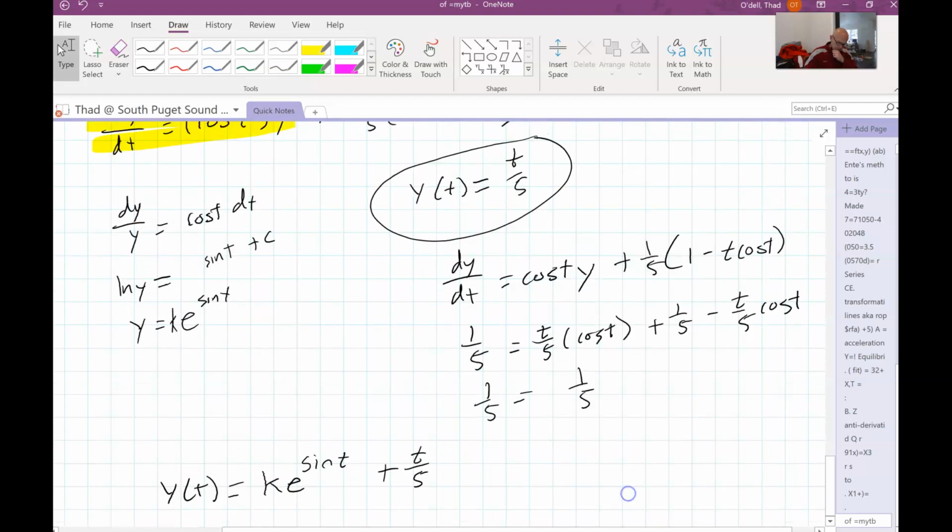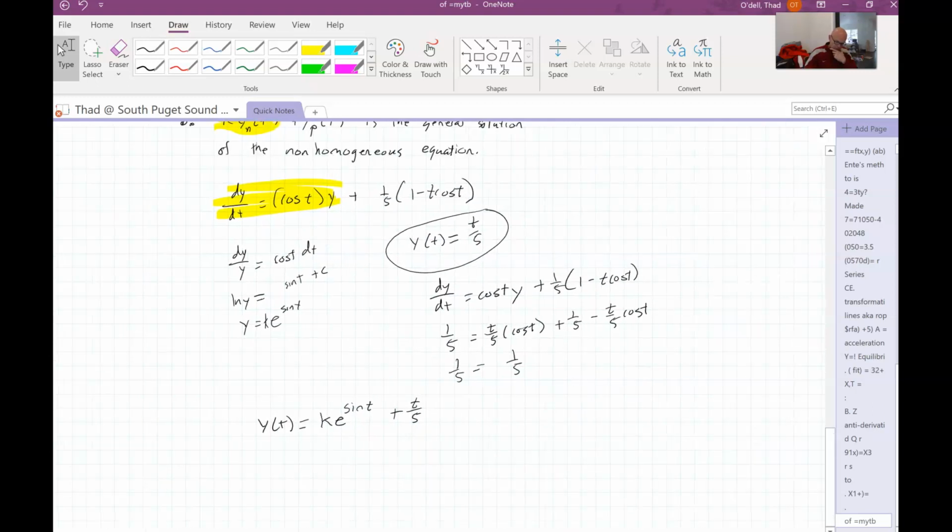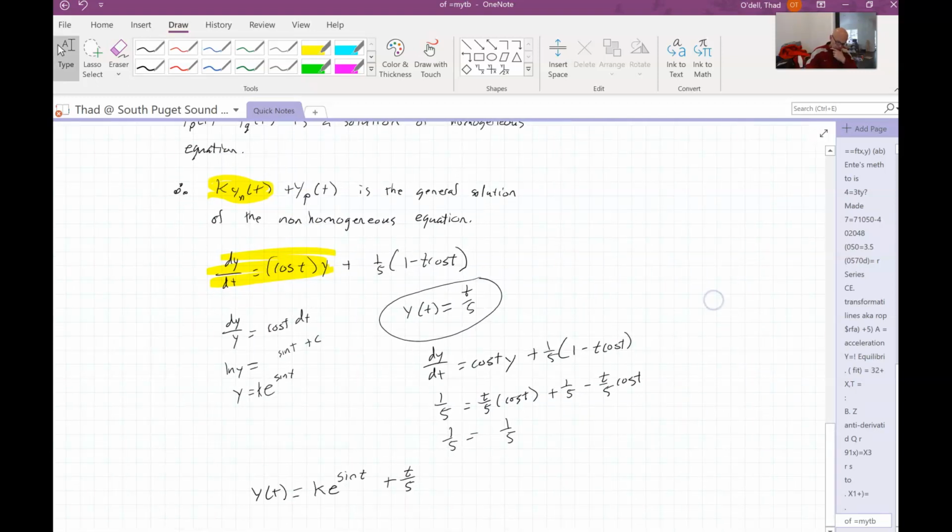So if we liken this back onto the thing up here, that part we already said is the yellow part, and this part down here is the one particular solution of the non-homogeneous equation, and we added the two together to get the general solution.